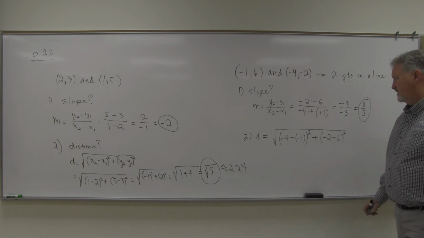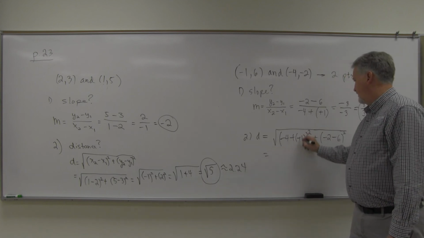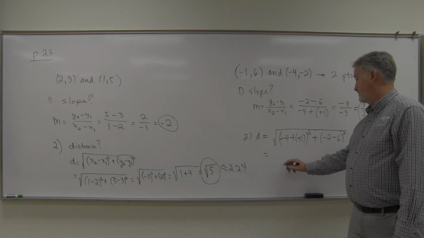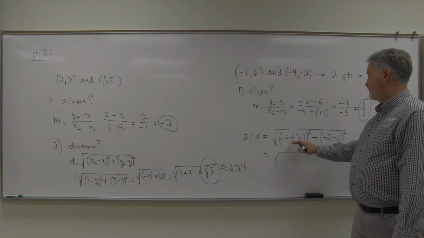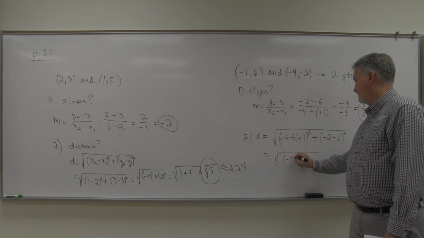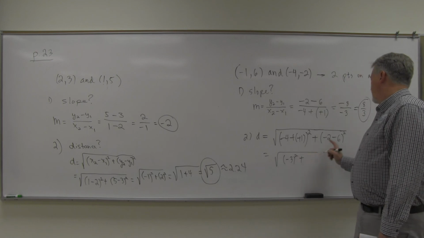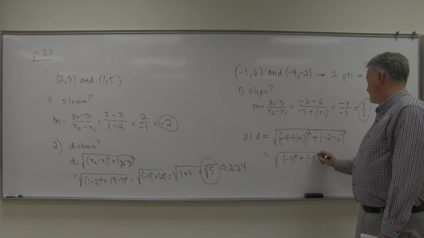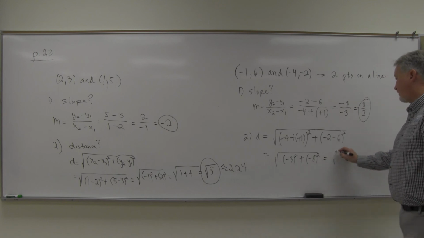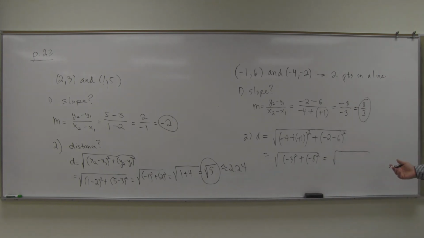What does that give me? Again, negative makes a positive, so that's -4 plus 1, so that's -3 squared. -8. Square that. Squaring them both, so they both turn into positives.